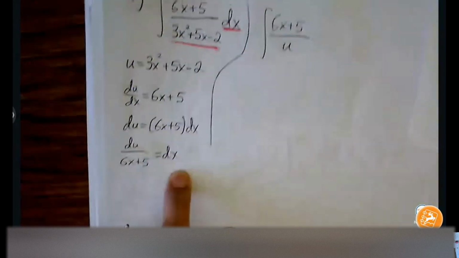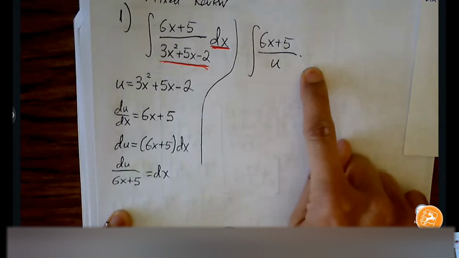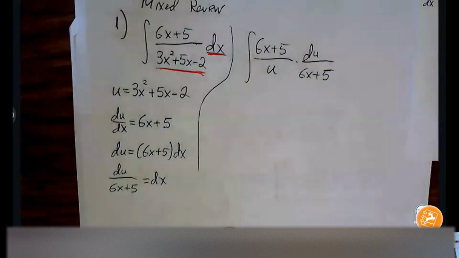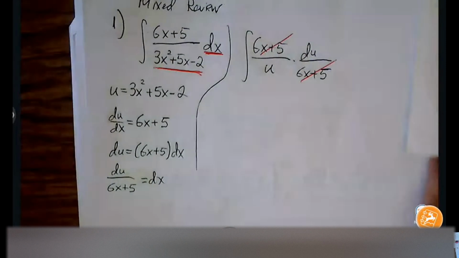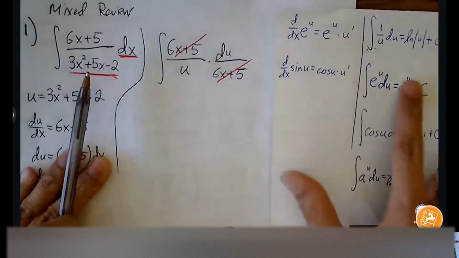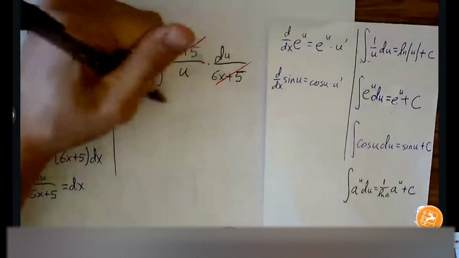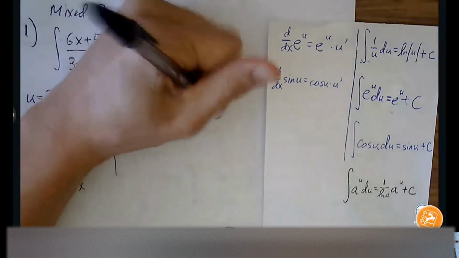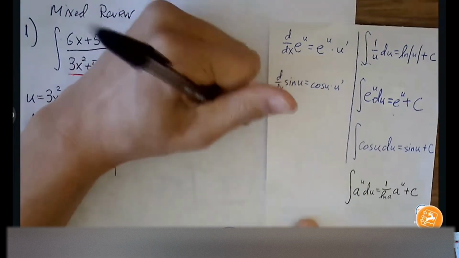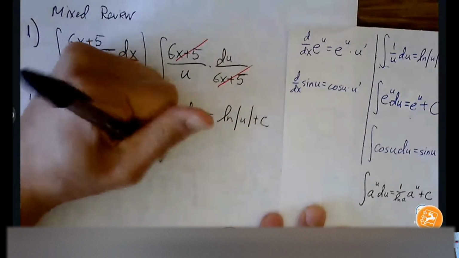Okay, so I got dx by itself. Replace dx with du over 6x plus 5. Perfect match, no coefficients. So I'm just left with 1 over u du. And I can apply my rule here. And then bring our x back.